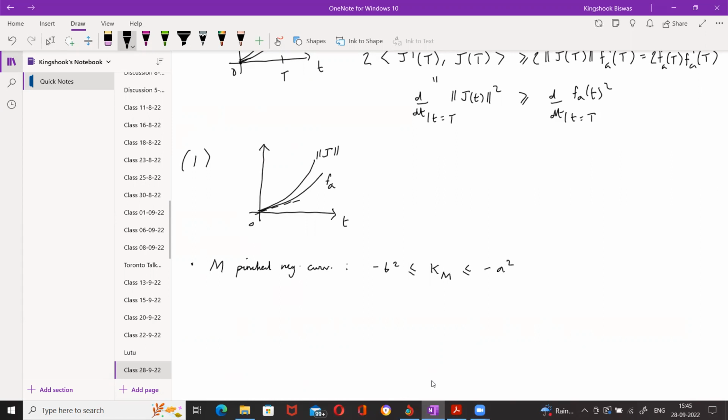Okay. Then what we get is for Jacobi fields. So J is a normal Jacobi field with J0 equal to 0 and J prime 0 equal to W, which is perpendicular to gamma prime 0.